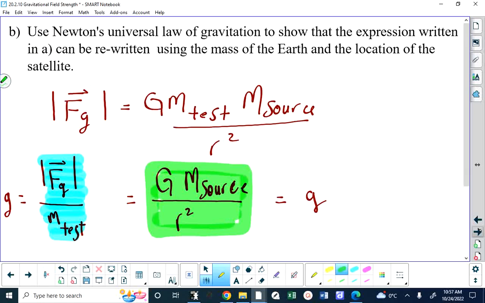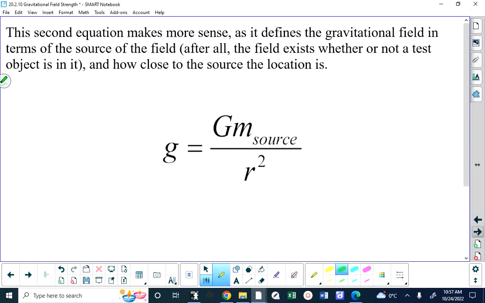Source, distance. So we actually have two formulas here. You have gravitational field strength equals force on a test mass over the test mass, and gravitational field equals capital G times the mass of the source over r squared. So if we read what I've got on the screen here, this second equation makes more sense as it defines gravitational field in terms of the source of the field and how close to the source you are.